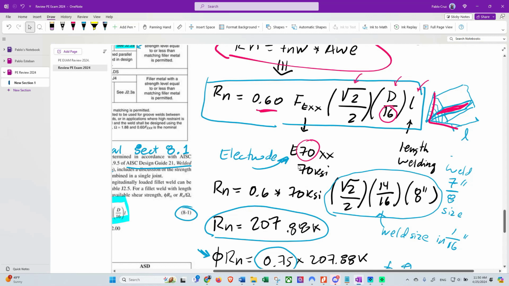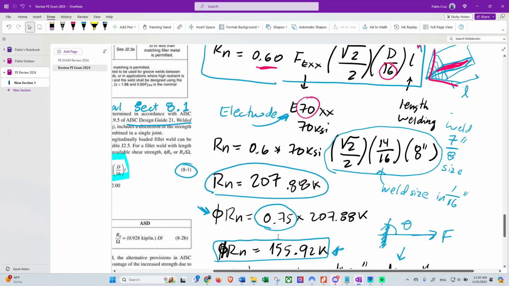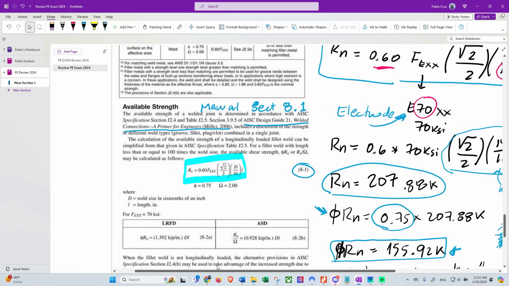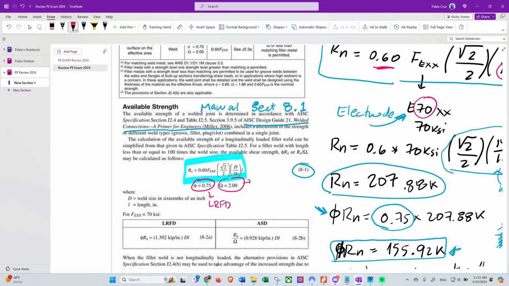So this section 8.1 mentioned that we have to affect the results of this formula. We need to affect that for a value of phi equals 0.75 if we're designing using LRFD, or the omega value of 2 if we are using ASD. In this case, we are using LRFD.